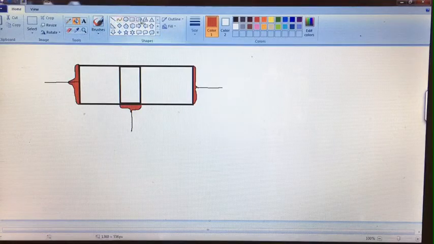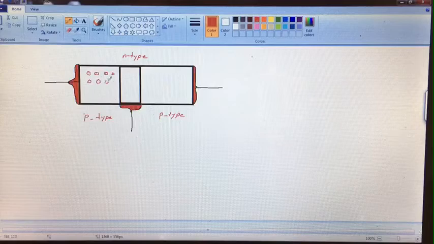Now, this is PNP, bipolar junction transistor. So that's why it is p-type semiconductor material. This is also p-type, and this is n-type semiconductor material, in which it has larger number of holes in comparison of collector, but the area is moderate.